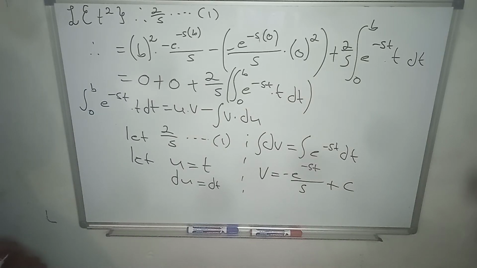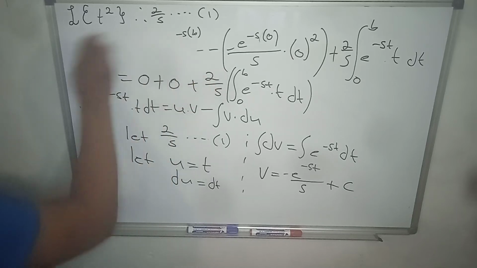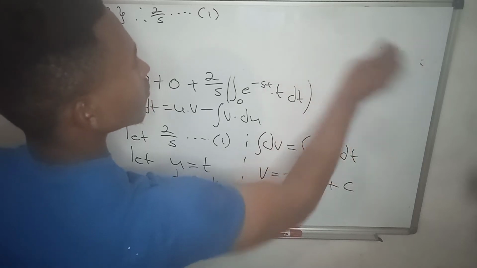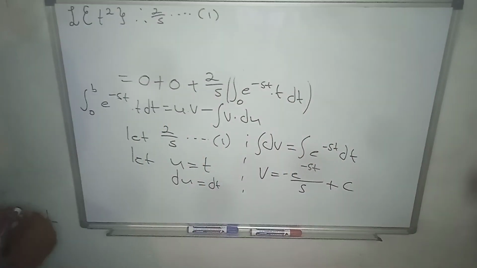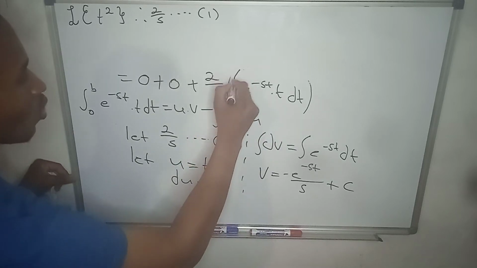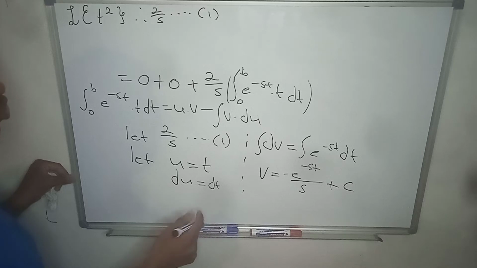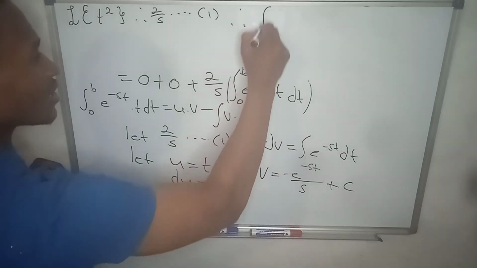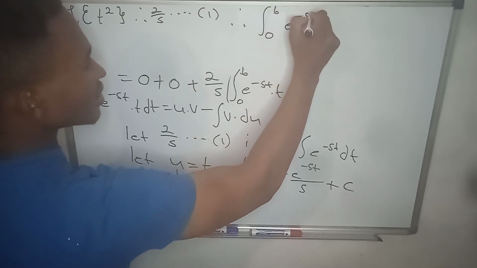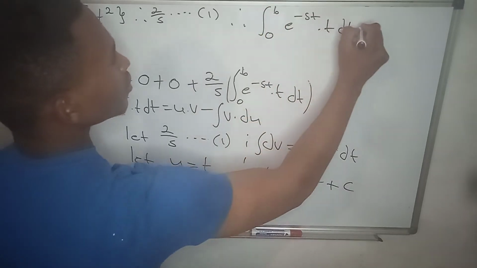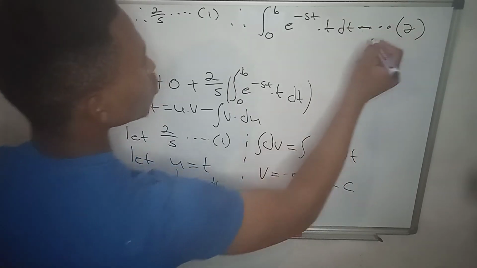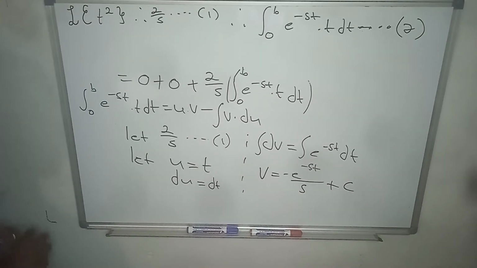I will erase this part, so I can just let this whole thing, the integral from 0 to b of e^(-st) times t dt, be my equation 2.